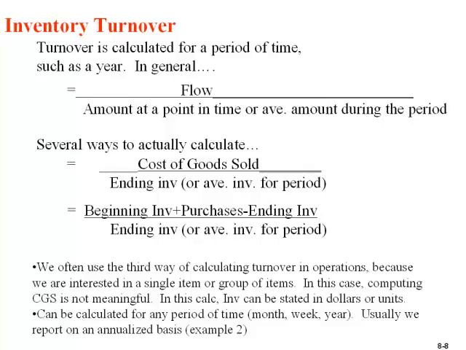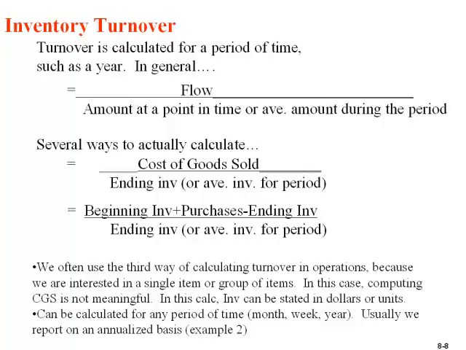It's a flow, like the amount of money that we made for a particular time, divided by a stock, such as our asset base, during the amount of time, except it's more particular to inventory.